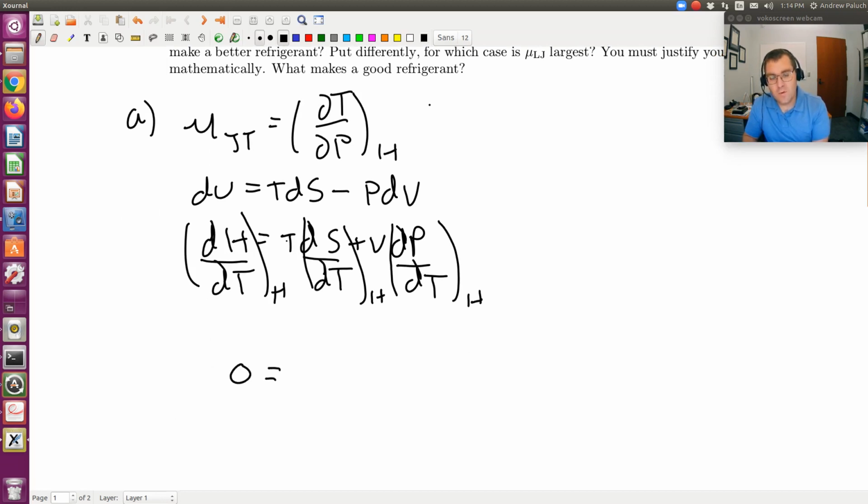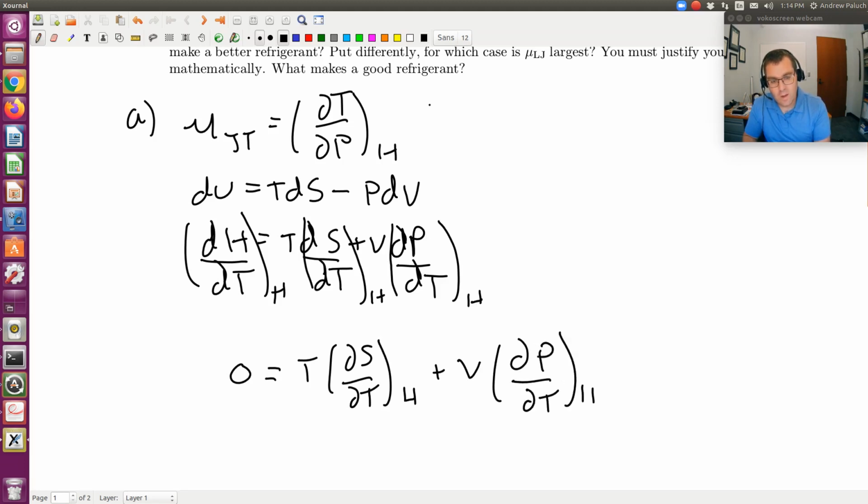That's going to be equal to T dS/dT at constant H, plus V dP/dT at constant H, where dP/dT at constant H is what I'm after. But where I get stuck is when I look at the first term. Now I have dS/dT at constant H.